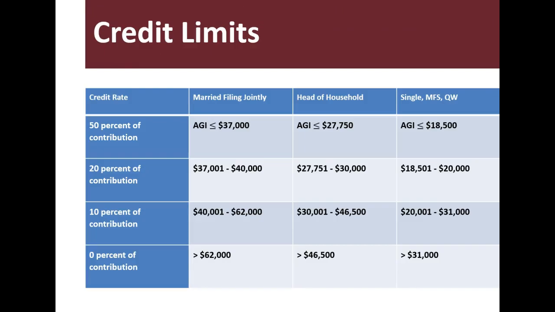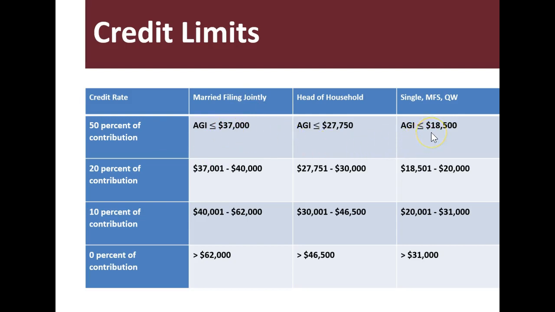Now, there are income limits to qualify for the retirement savings contribution credit. As you can see, the most you can get is a reduction in your tax of 50% of the contribution. And in that case, your adjusted gross income, if you're married filing jointly, has to be under $37,000.